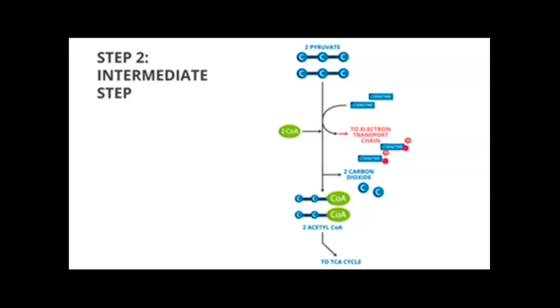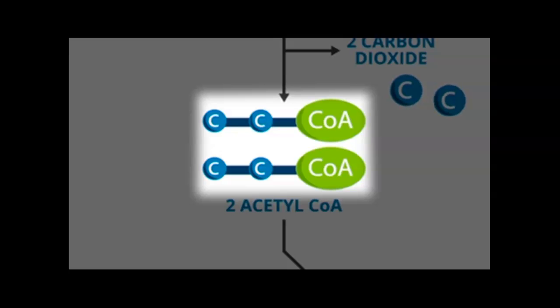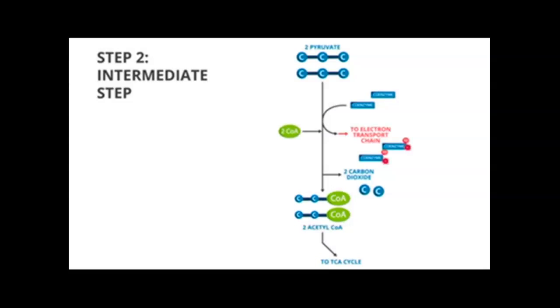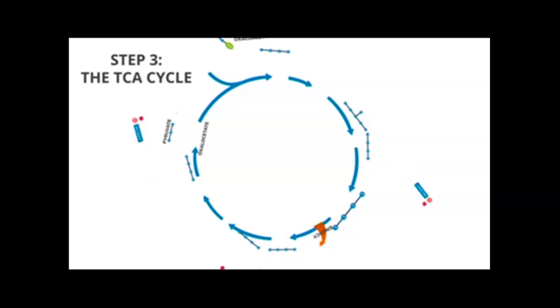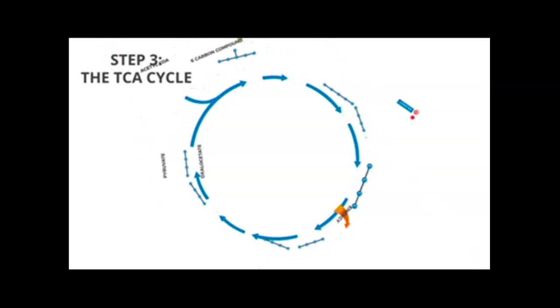Okay, last question you're probably wondering is, what is this coenzyme A? This 2-carbon group makes it acetyl, and this coenzyme A makes it acetyl-CoA. For now, just think of this CoA as a little group that helps to carry those carbons on to the TCA cycle, which is our next step. So step 3 out of 4 is the TCA cycle. Now that the acetyl-CoA enters into this TCA cycle, a series of steps will begin to occur. Now, I don't care that you've memorized.